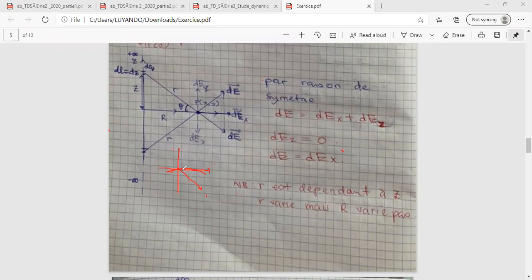So for us to have our dE in this direction, for us to have a base vector in that direction, how have we moved? We move like this, or we can move like this. So for us to have the base vector here, we say this base vector is u.